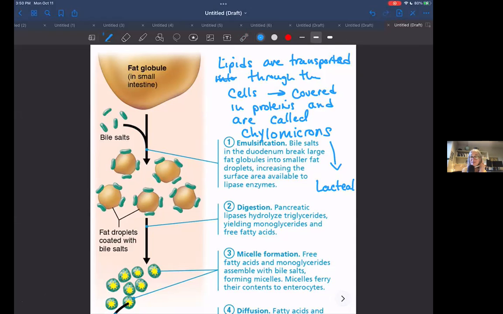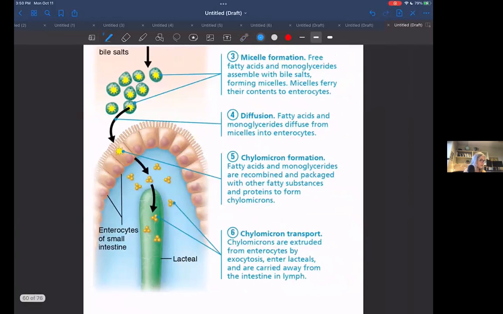Actually, lipids are typically transported with the aid of proteins. Even testosterone and estrogen have proteins that bind to them when they're transported in our blood. And so the fat that is transported in our lymphatic system also has proteins attached to it. So these would be the chylomicrons right here, and they get passed not into the capillaries, but into the lymphatic system.